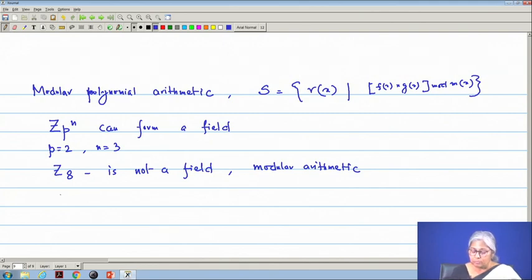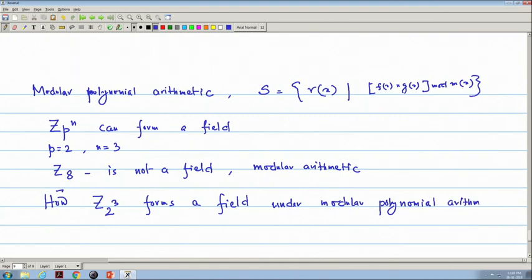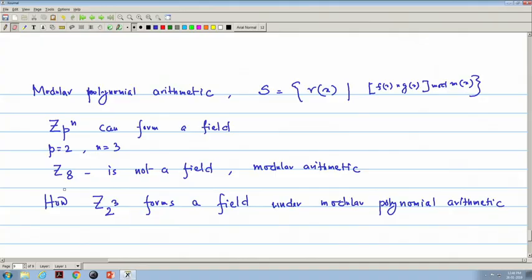So, we will show how Z_2 to the power 3 forms a field under modular polynomial arithmetic. Since we now have 8 polynomials in the set, in the next lecture we will continue this topic, and we will see how we can form a field under modular polynomial arithmetic.